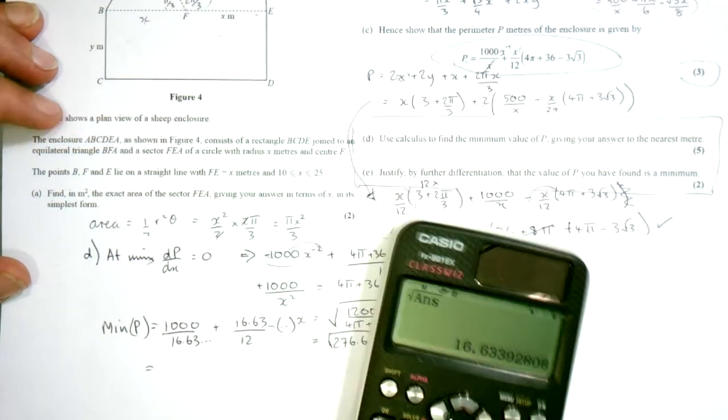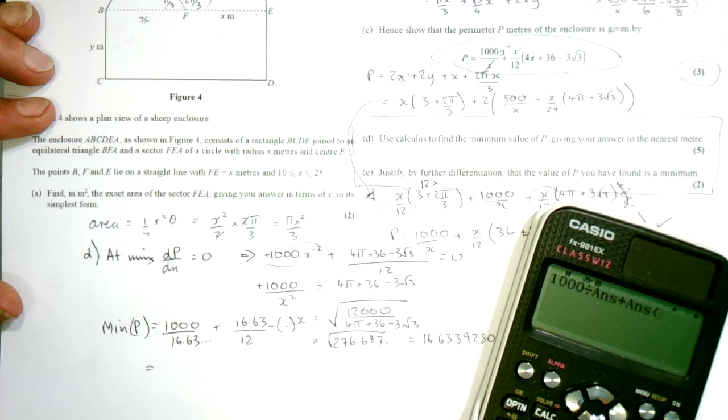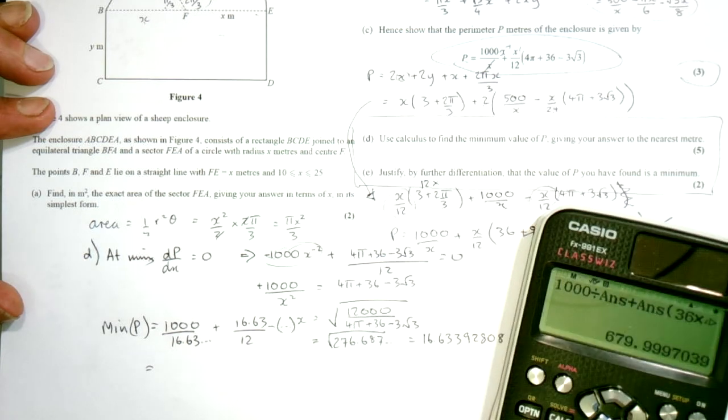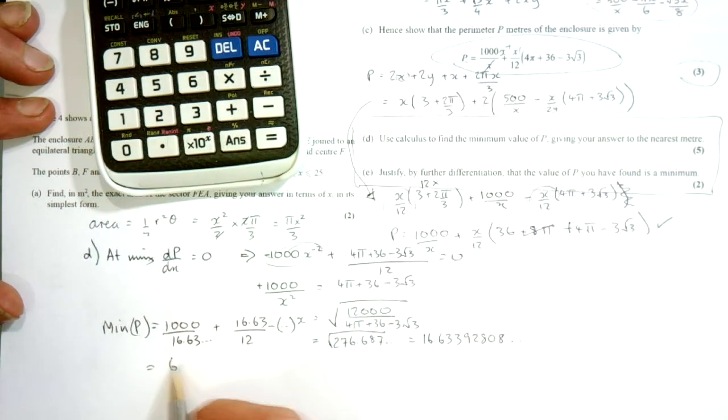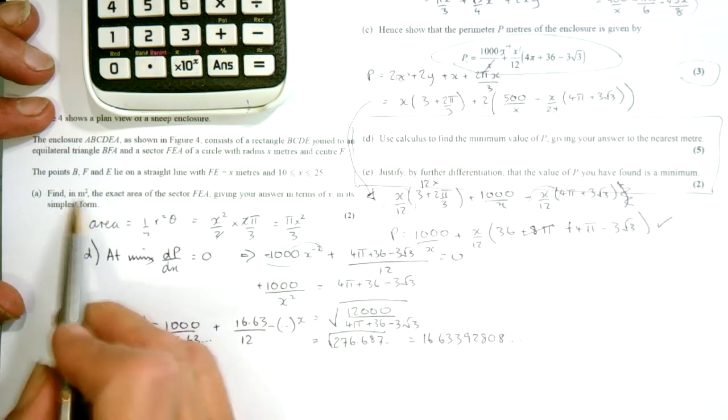I'm going to do 1000 divided by answer, then I'm going to add answer times bracket 36 plus my 4 pi's, take away 3 root 3's, and then divide by 12, and that's equal to 679.99, so 680, and that's meters squared.